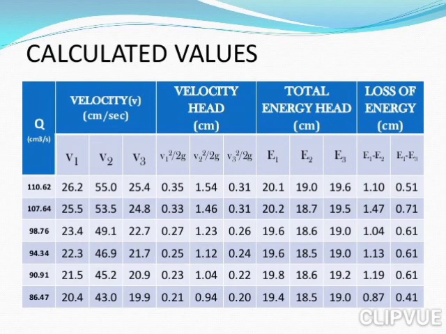After calculating the values, we will be putting the values of velocity, velocity head, total energy head and the total loss of energy in a table and present it, and also the quantity of flow.